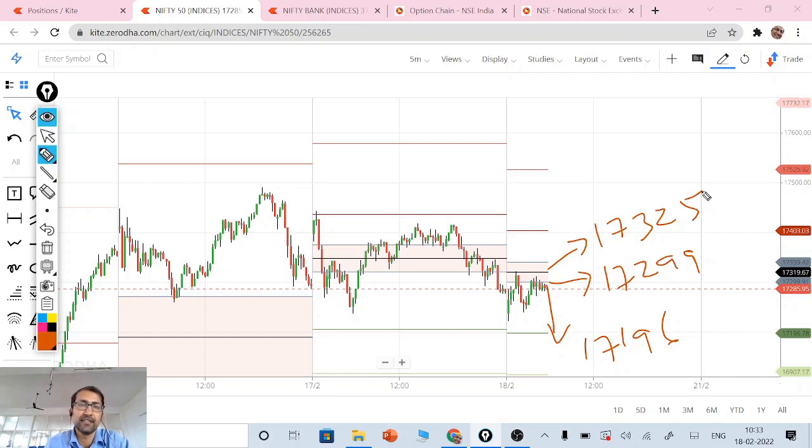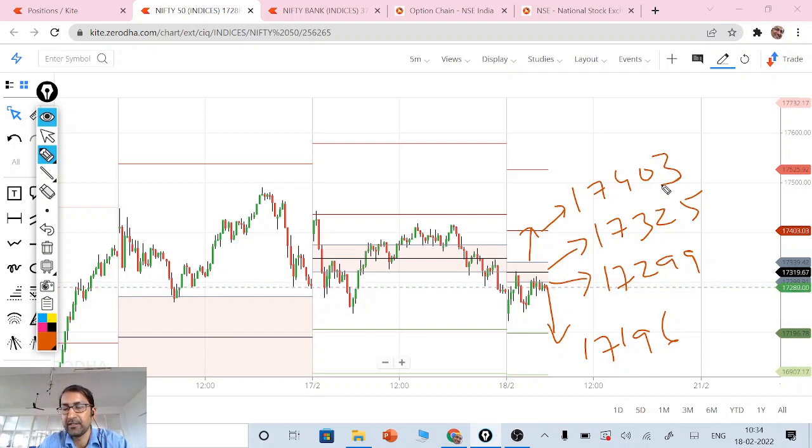On the higher side, the resistance is at around 17,403. But Nifty has already broken that lower central pivot range. It is trying to reverse, but it's not taking off. So it's always better to short the Nifty at 17,300 levels for a target of 17,196.